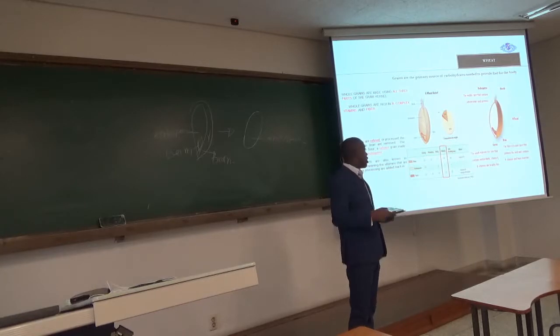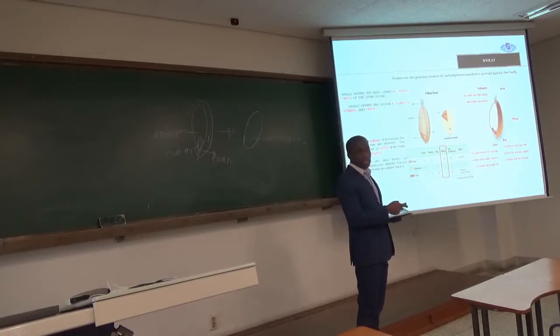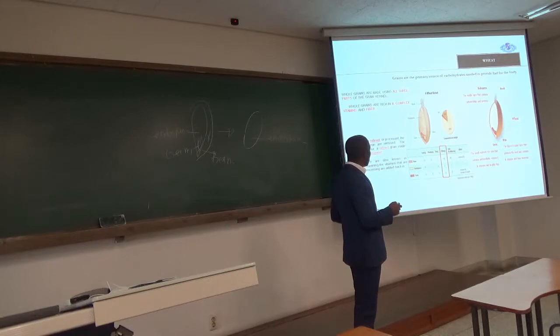So what do you observe? Let's say, for example, about the fiber, here we have 43. How about the endosperm? How much do we have? 4. It's a big difference, isn't it? Now, if I look at the iron here, on the bran, how much do I have? 59. And the endosperm? 7.